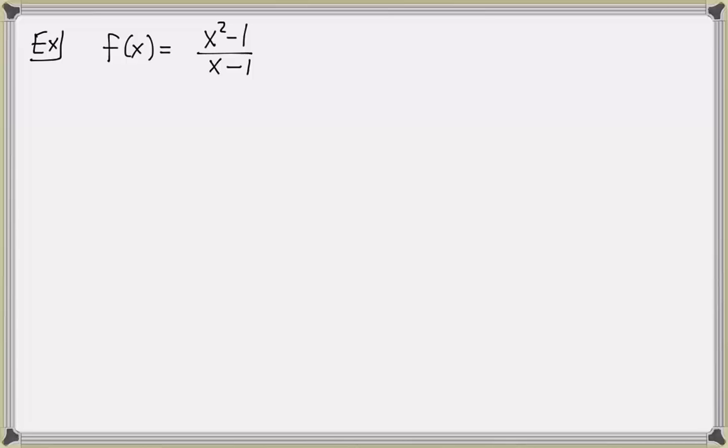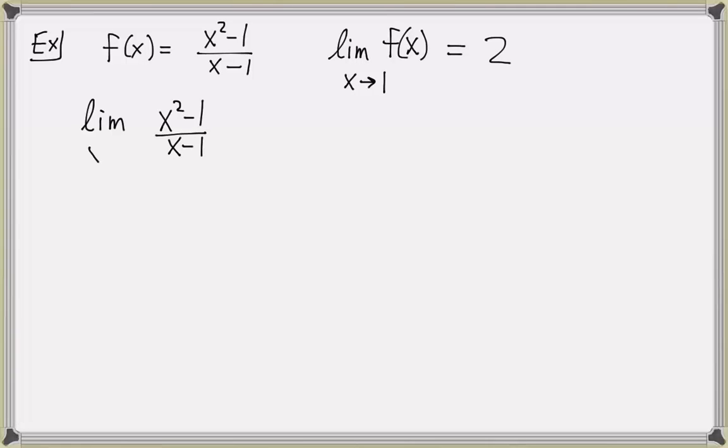We saw that as x gets closer and closer to 1, the function gets closer and closer to the value 2. So with this new notation, we could write the limit of f of x as x approaches 1 equals 2. Or you could write this with the definition of the function as the limit of x squared minus 1 over x minus 1 as x approaches 1 equals 2.